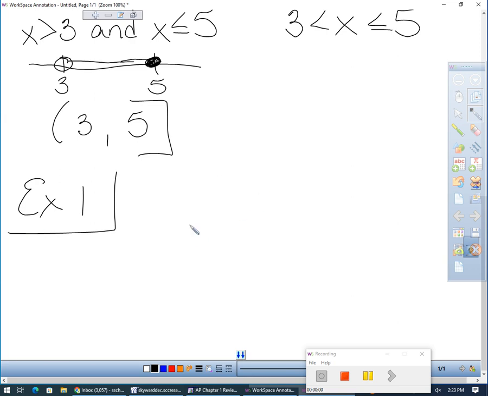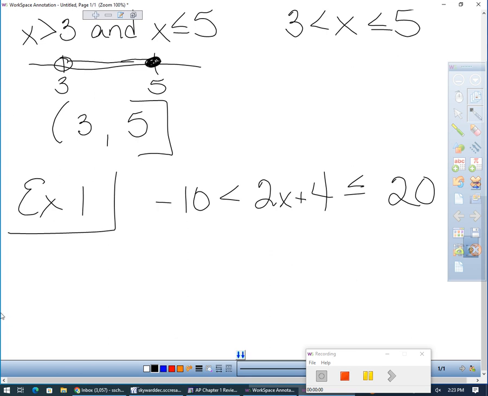All right, so let's say I have negative 10 is less than 2x plus 4 less than or equal to 20. So you can see there's two sets of inequality signs, right? All in one thing. So this is an "and" problem.